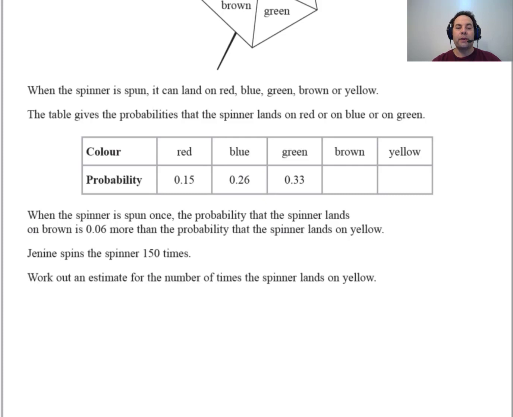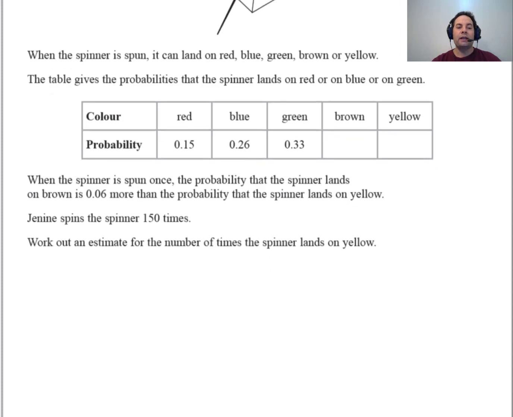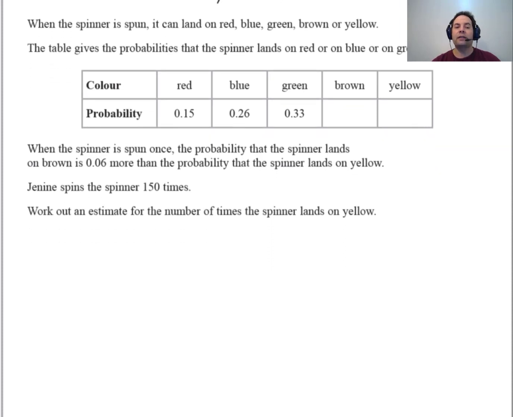When the spinner is spun, it can land on red, blue, green, brown, or yellow. The table gives the probabilities that the spinner lands on red, blue, and green. To complete the table, the sum of the probabilities has to be 1. So you can find the summation of brown and yellow.